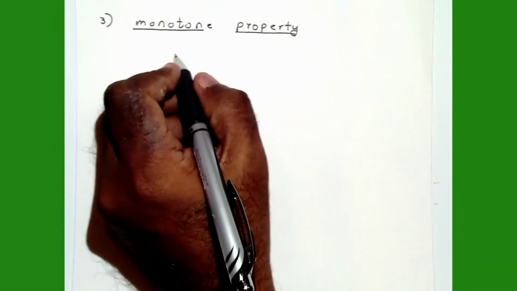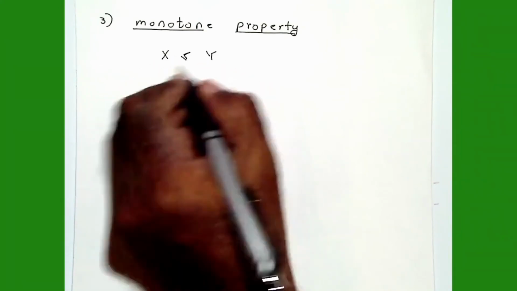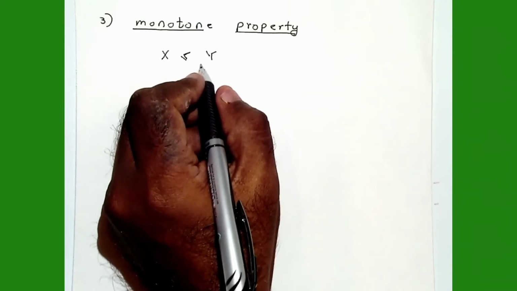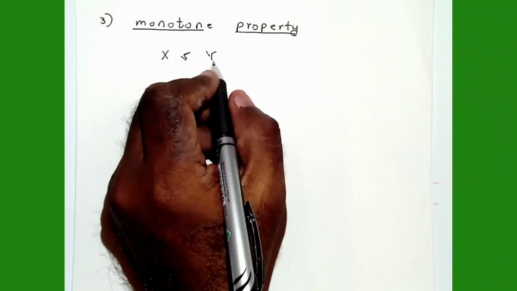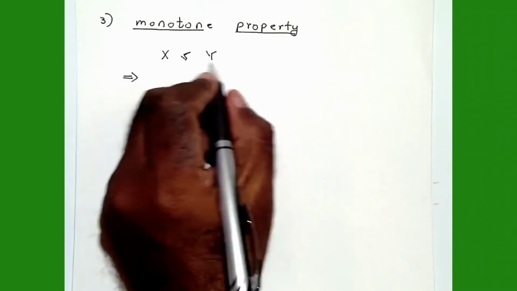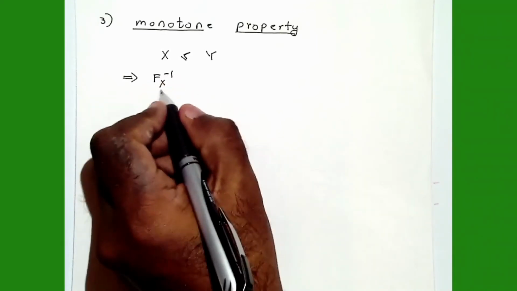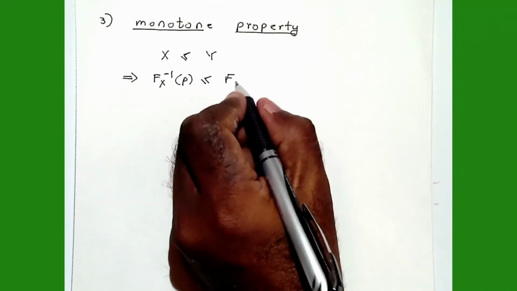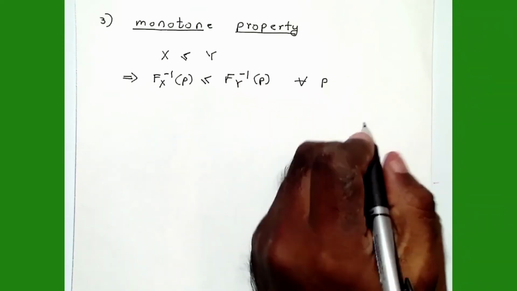The monotonic property is that if you have two variables, X and Y, then X less than or equal to Y must imply the same for VaR of X less than or equal to VaR of Y. Okay, but this, if X is less than or equal to Y, clearly the inverse CDF of X at P must be less than or equal to the inverse CDF of Y at P for all P. Right?